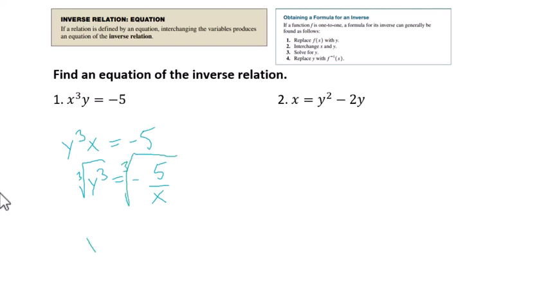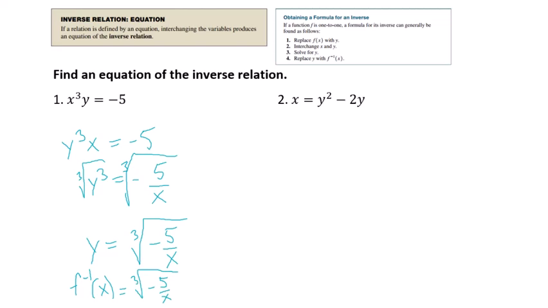And so then we get y equals the cube root of negative 5 over x. Our last step is to change that y to the inverse function of x, and everything on the right would stay exactly the same.